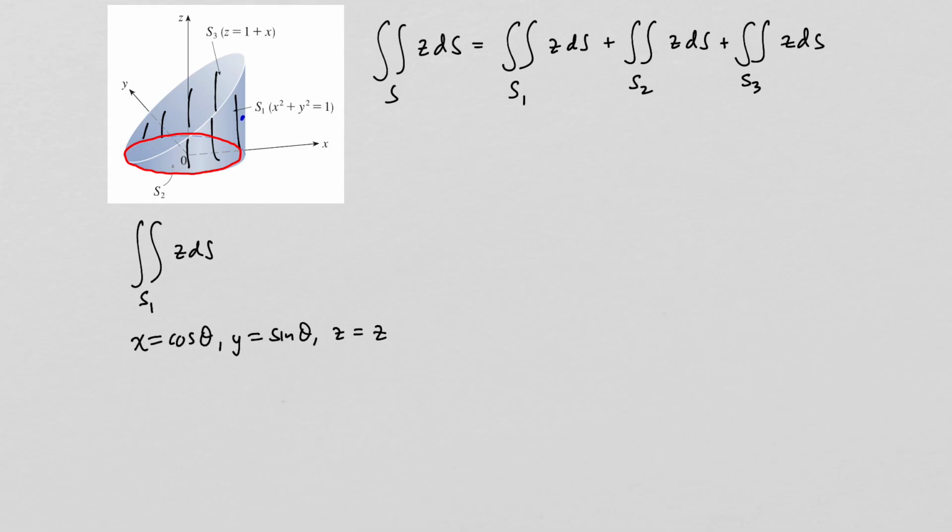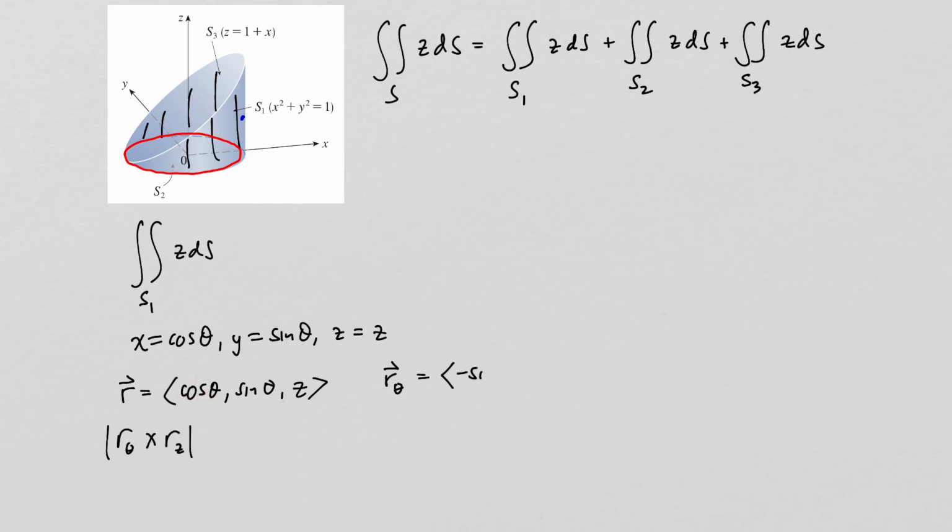So what we have here for our r is a function of theta and z. So we have cosine of theta, sine of theta, and z. So then to evaluate this, we need r_theta crossed with r_z. So first, let's go ahead and find r_theta. r_theta is the derivative of cosine of theta with respect to theta.